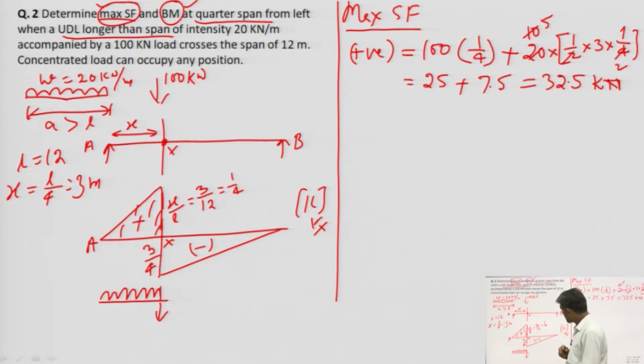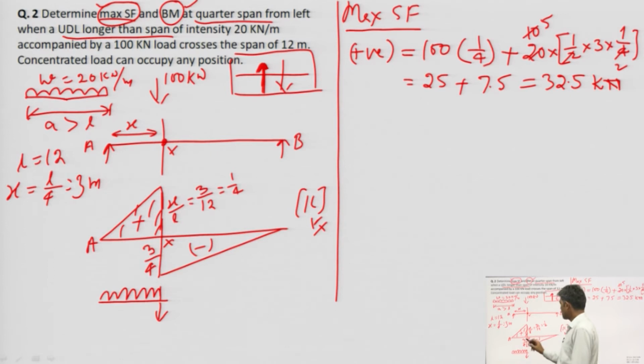In the last class I told you that positive and negative follow from our sign convention. We have taken this sign convention for positive, where the left-hand side goes in the upward direction. If we use the reverse of it, then positive will become negative and negative will become positive.